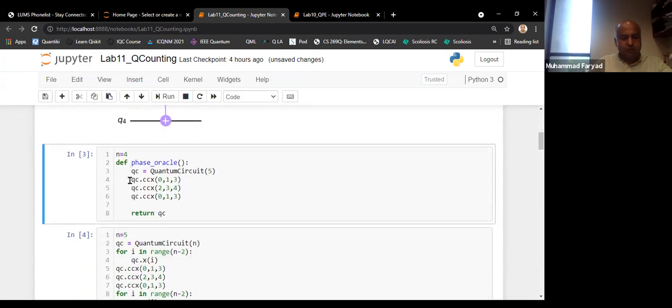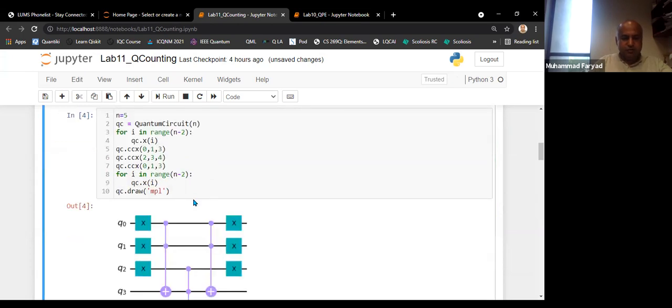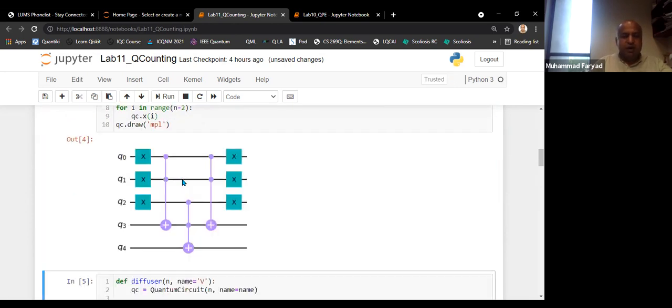So now I'm implementing it as a function, phase oracle, because this is something that I will be calling later on. So let's use this. And then this is the UF part, because this always marks. This is a part of the diffuser, because this marks the 000 index. When this is 000, this will give a negative phase, and Q3 is still an auxiliary qubit.